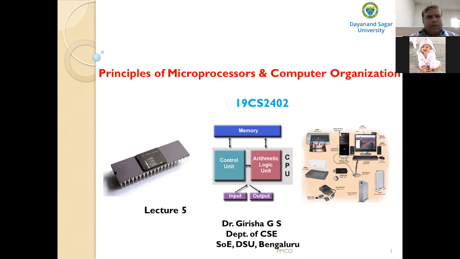Whereas the 80386 and above can execute all three: 8-bit, 16-bit, and 32-bit, because they are 32-bit microprocessors. The Pentium 4 and the Core 2 can handle 8-bit, 16-bit, 32-bit, and 64-bit data.